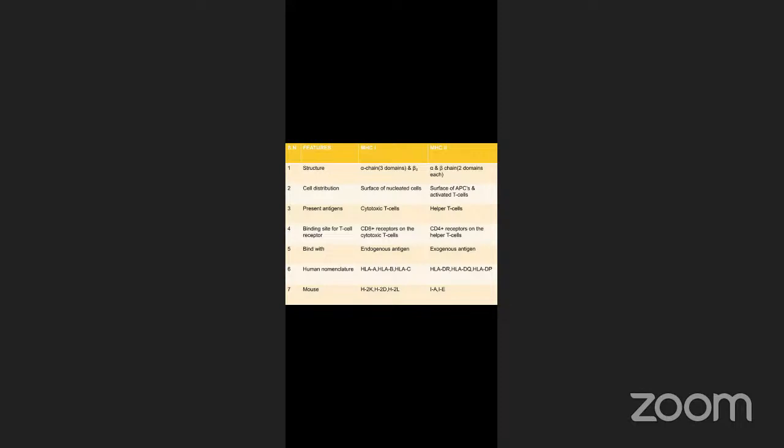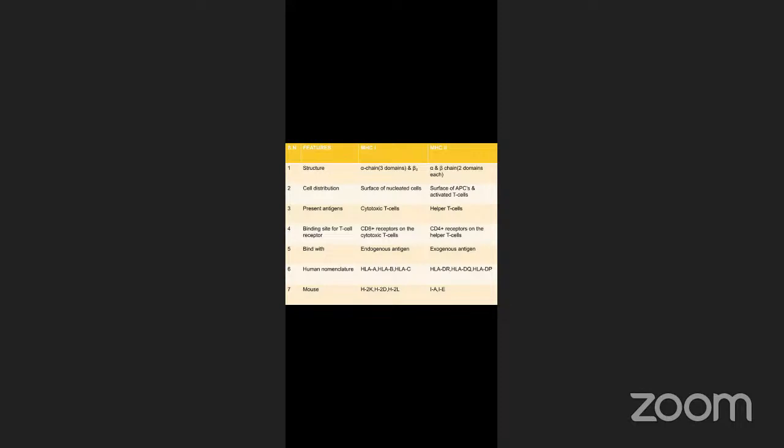But MHC 2 molecules are present only in a few cells, especially those active in the immune response. Those cells are called antigen presenting cells. There are two types: professional antigen presenting cells and non-professional antigen presenting cells.